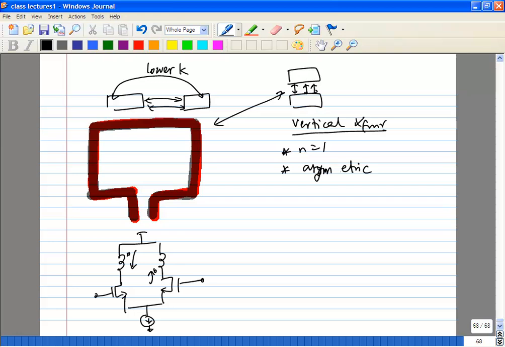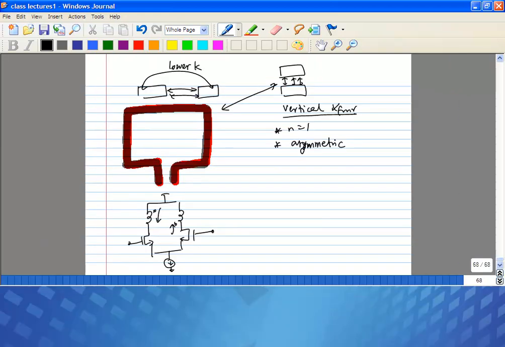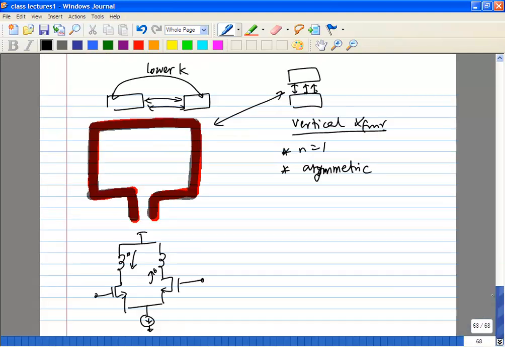However, let's say you have something like this. So you have Vn and it's a differential signal. You want to convert it to single-ended. In this case, you don't care.